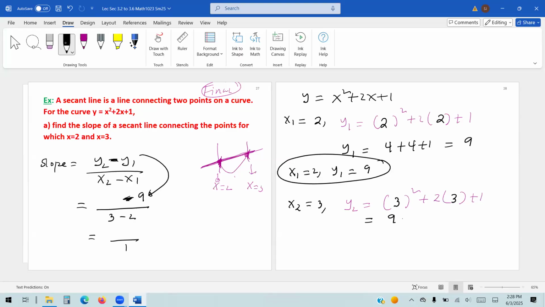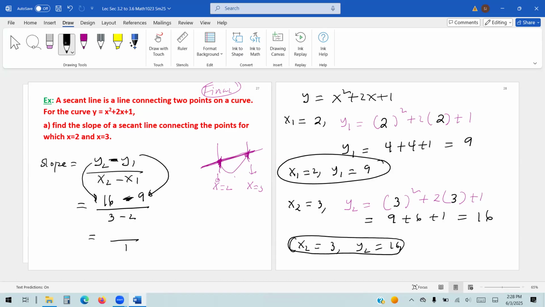Okay. 3 squared is 9, plus 6, plus 1. Yep, it is 16. So x2 is 3, y2 is 16. See how smart we are?